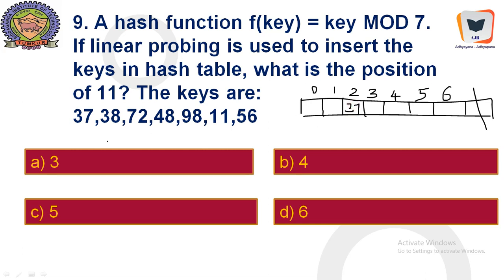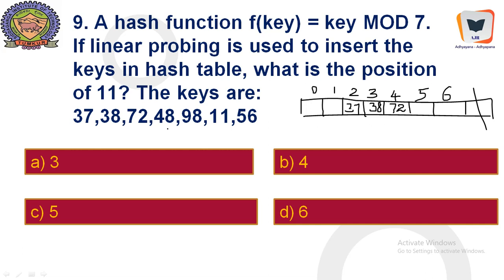As far as 38 is concerned, 38 mod 7 is 3. The remainder is 3. Therefore 38 will come over here. And as far as 72 is concerned, it will occupy the 4th cell, because 72 mod 7, the remainder is 4.